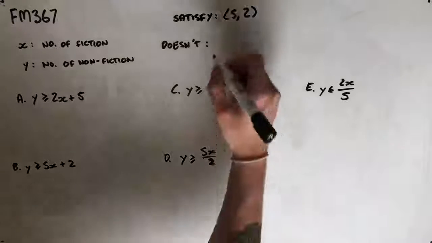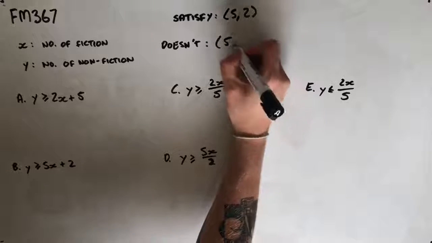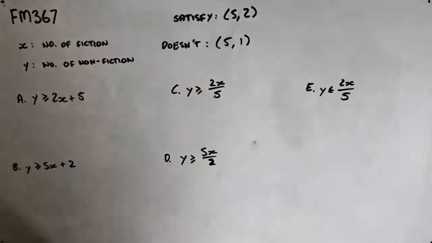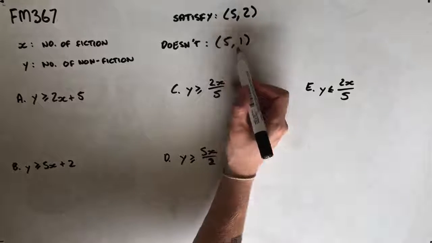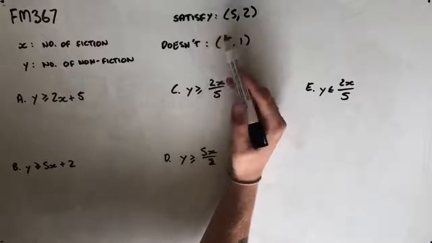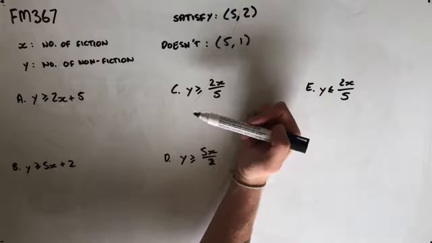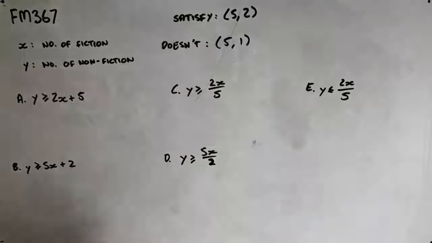One that doesn't would be if Noah had 5 fiction books but only 1 non-fiction, because that's not at least 2. So 5 fiction and 1 non-fiction will not satisfy the inequality, while 5 fiction and 2 non-fiction will.